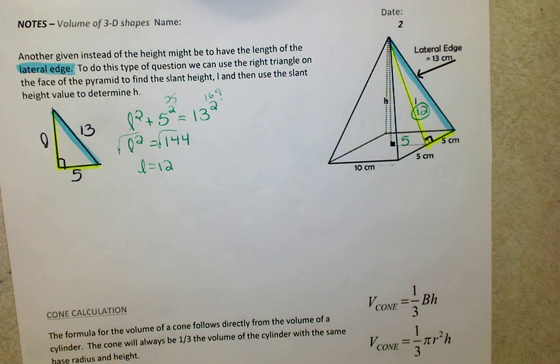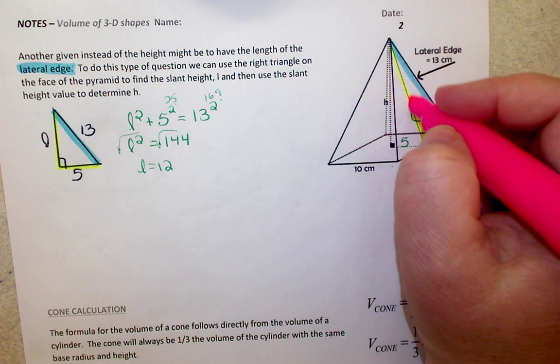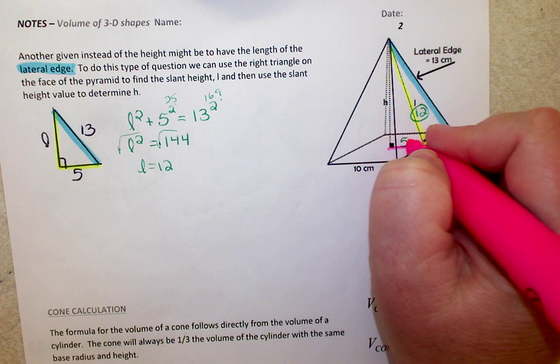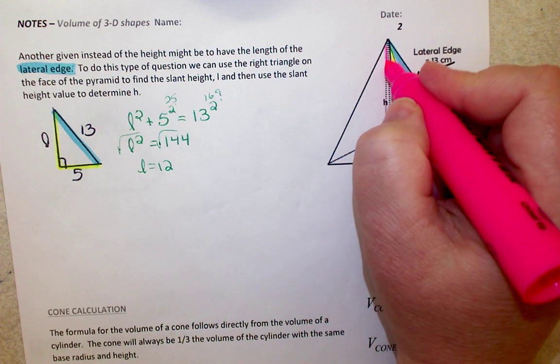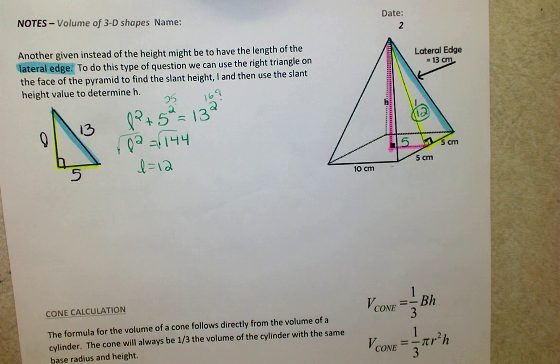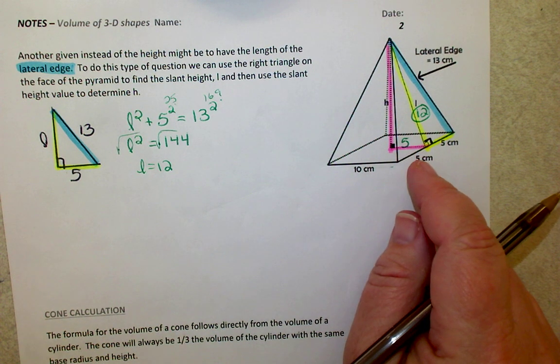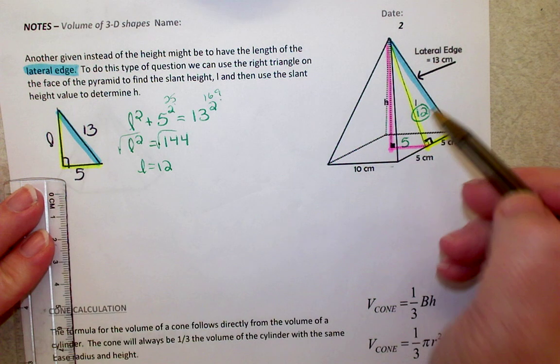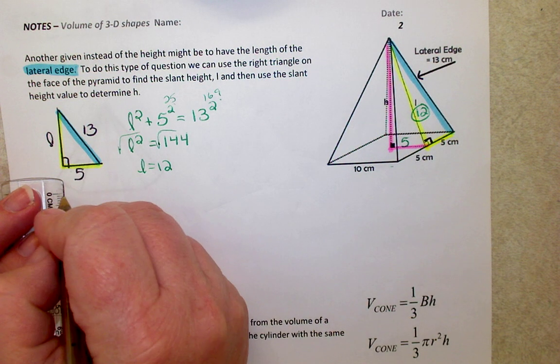All right, so now what I notice is that I know my slant height, I know my apothem, and that's enough to find my height like we did in the previous example. So again, I'm going to redraw that triangle so I can just focus on those numbers because looking at all this, it can be easily confusing.